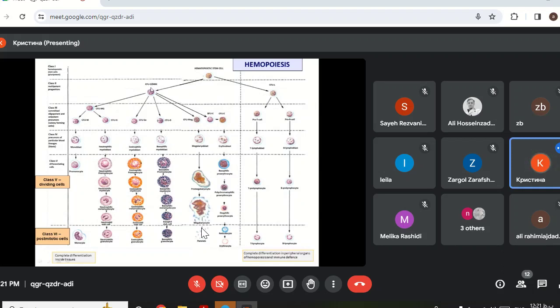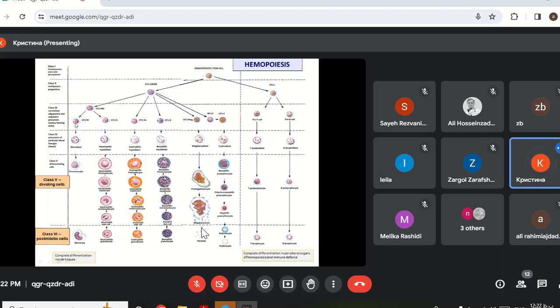So for short, GEMM: G for granulocytes, M for monocytes and megakaryocytes, and E for erythrocytes. Then class 3 is the committed oligopotent and unipotent precursors, colony forming units.